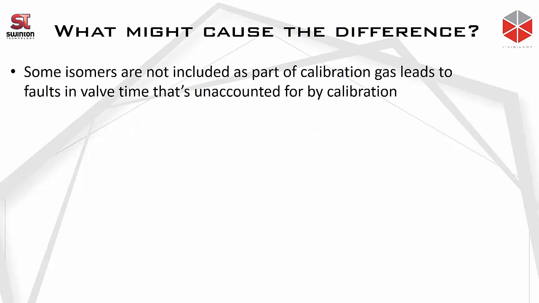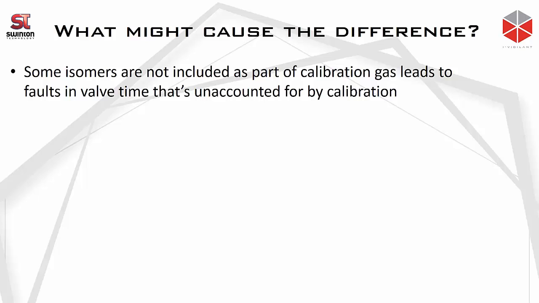So what caused the difference here? As I said before, some isomers are not included as part of the calibration gas, so it leads to faults in valve timing that are unaccounted for by calibration. This is one of the important things: to make sure that we have the right calibration gas for our application, and also the right system to ensure that every single gas that exists in the calibration gas or in the process gas that needs to be measured is measured, and that the system measuring it is capable of doing that.